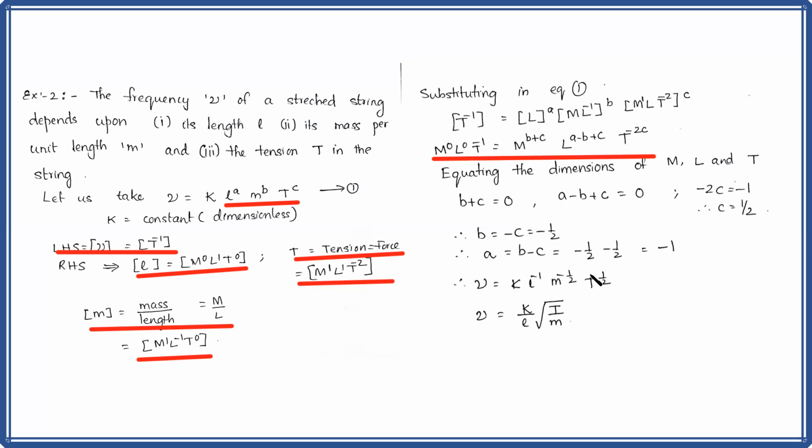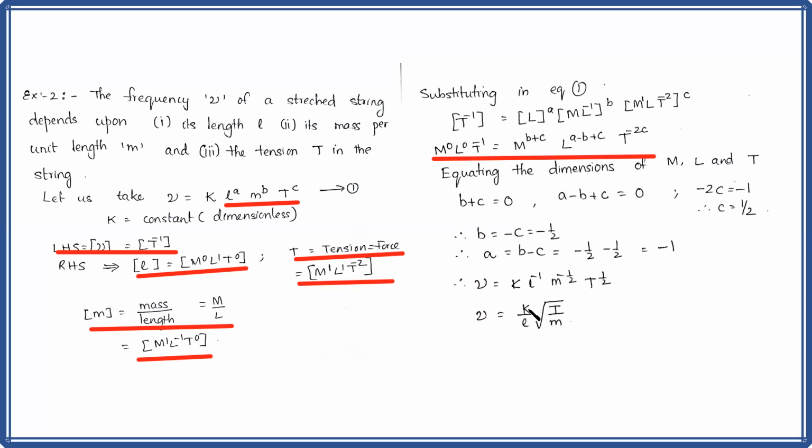Substitute all these a, b, c values in equation 1. In equation 1, new frequency is equal to k L to the power of a, that is minus 1, M to the power of b, that is minus 1 by 2, and T to the power of c, that is 1 by 2.